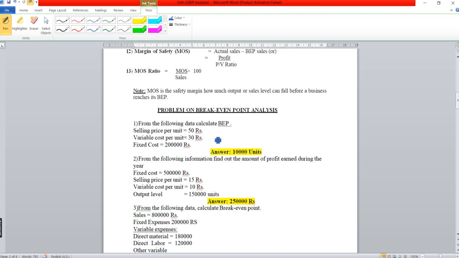See, exactly this data is in terms of units, where we can use this formula, fixed cost by contribution. The fixed cost is given as 2 lakhs divided by contribution. So selling price minus variable cost, 50 minus 30, 20, simply 10,000 units.